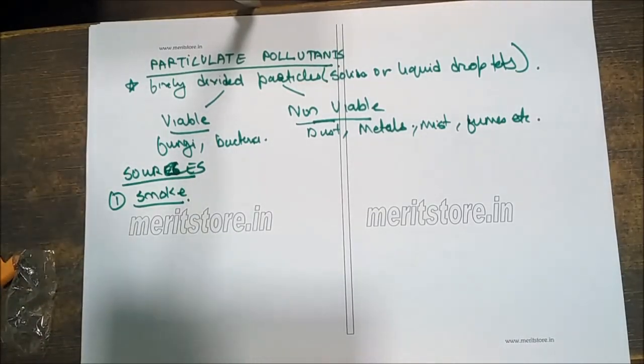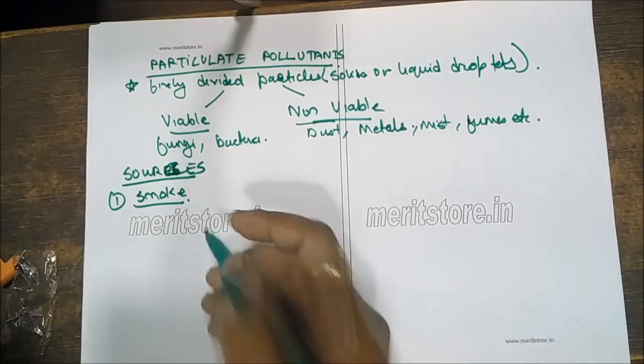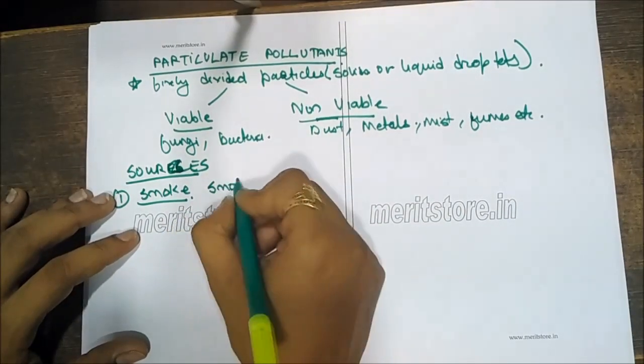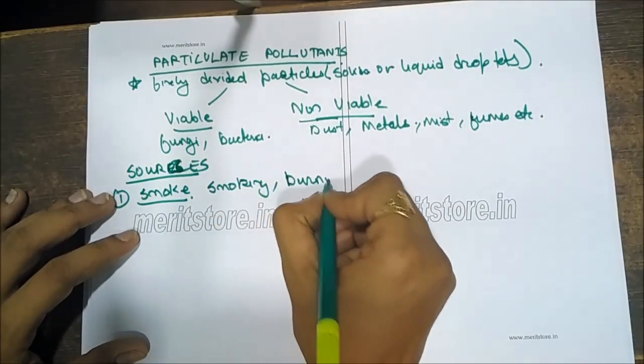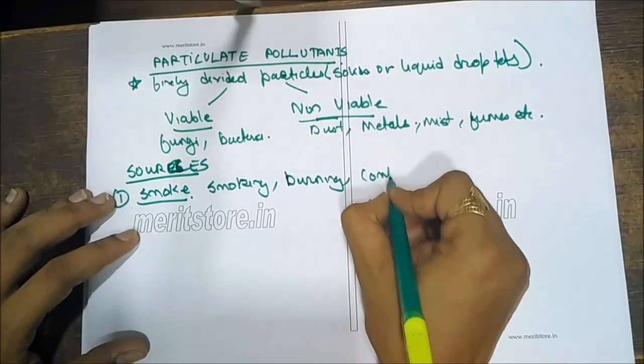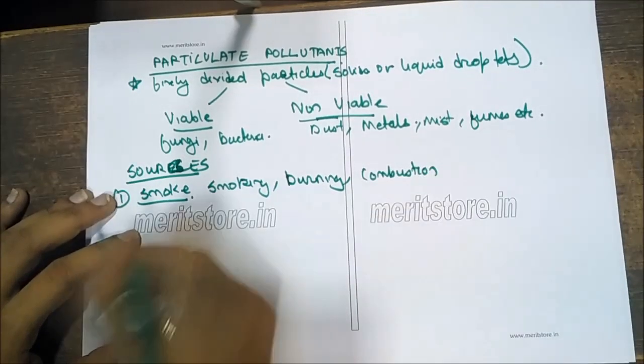Even power generation plants, they use coke, they generate a lot of smoke. Cigarette smoking also contributes to the formation of smoke. Burning activities, combustion, they will all cause smoke to be produced.